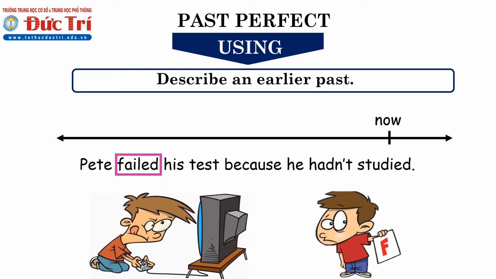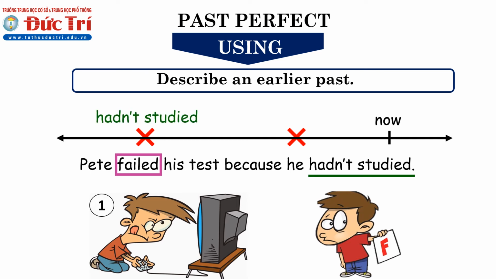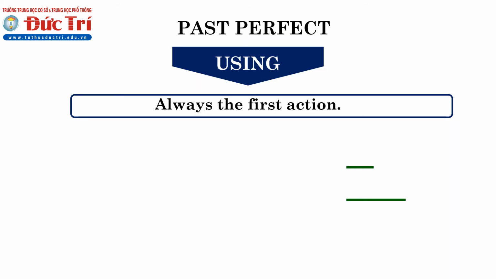Can you find the past perfect? Hadn't studied. Two actions. So which one happened first? He hadn't studied first, then he failed his test. The past perfect is always the first action.